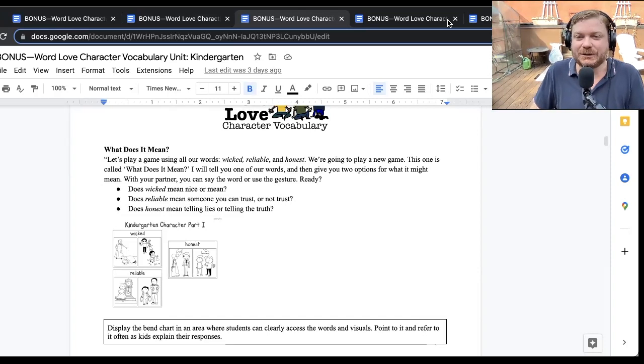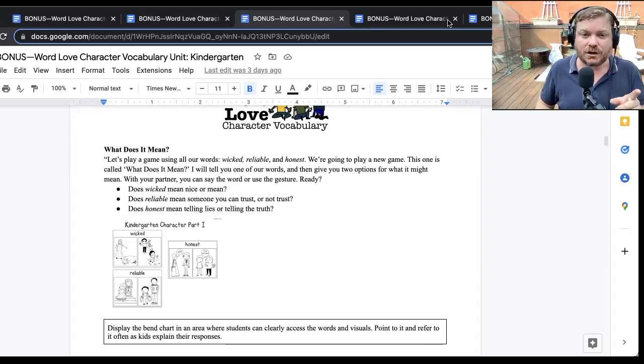So let me just read it to you. Here's an example from, I think, the kindergarten unit, because let's see some images for Cinderella. All right. Class, let's play a game using all of our words: wicked, reliable, and honest. And today we're going to play a new game. This one is called, what does it mean? I will tell you one of our words, and I'm going to give you 2 options for what it might mean.